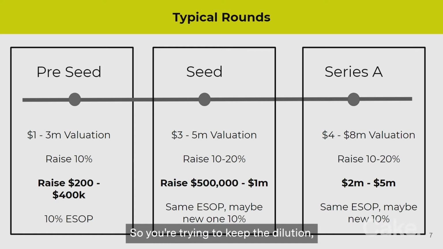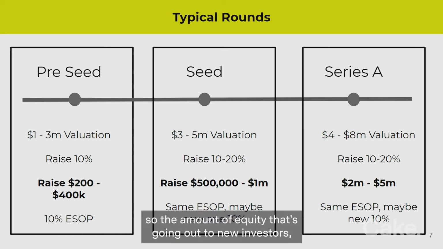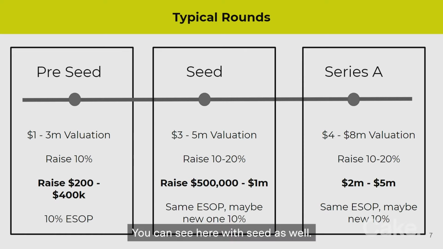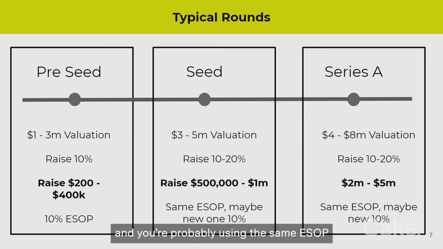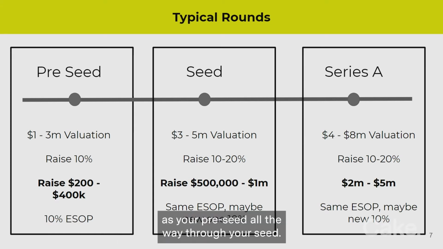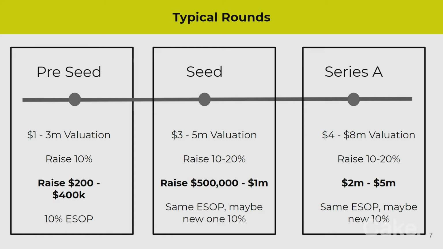So you're trying to keep the dilution, the amount of equity that's going out to new investors, to between 20 and 30% for both pre-seed and seed. You can see here with seed as well, the amount you're raising goes up, 500,000 to $1 million. And you're probably using the same ESOP as your pre-seed all the way through your seed.